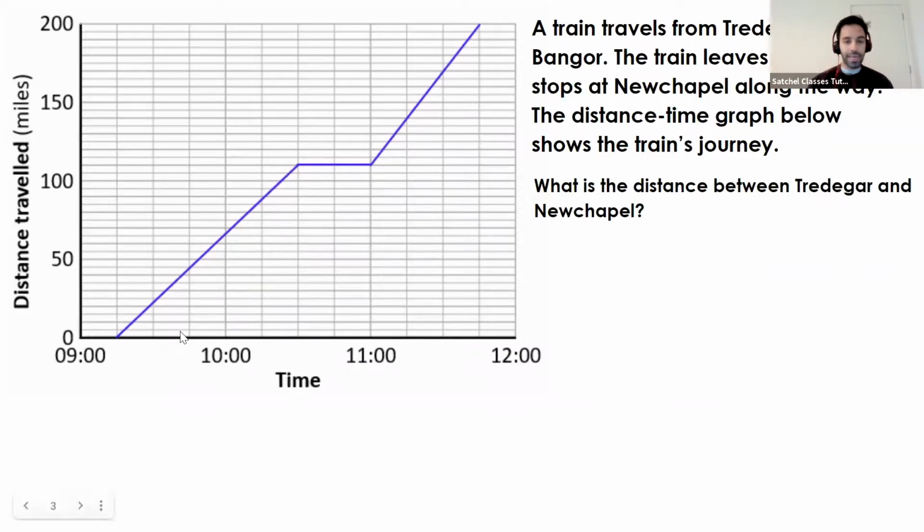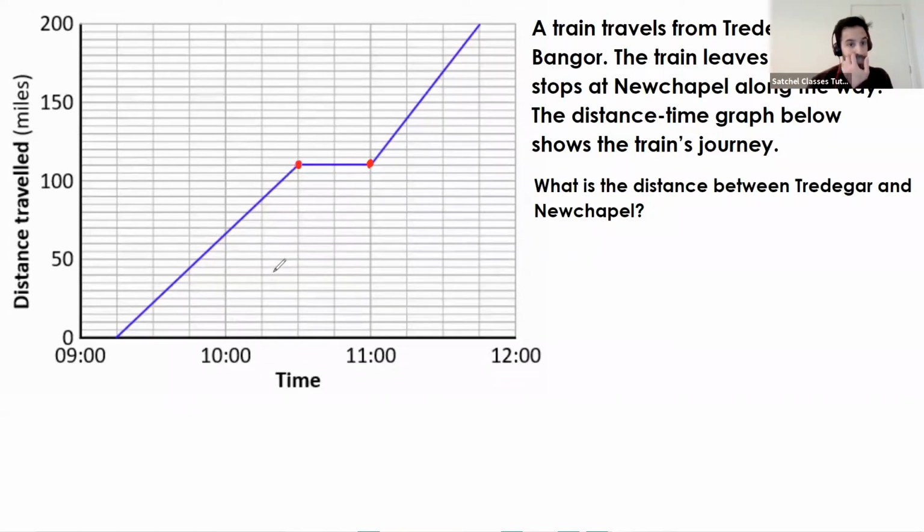Well, where is New Chapel? How do we know where New Chapel is? Well, it says here, the train leaves at 9:15 and stops at New Chapel along the way. So this is where our train stops, because it's stationary along this straight line.